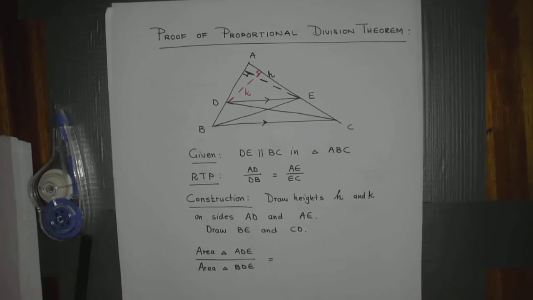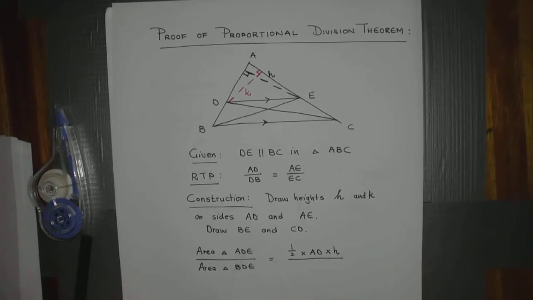Okay, now if I look at triangle ADE at the top there, it's half base times perpendicular height. Do you agree? What's my base for that triangle? It's AD. What's my height for that triangle? H. I constructed the height. I called it H.